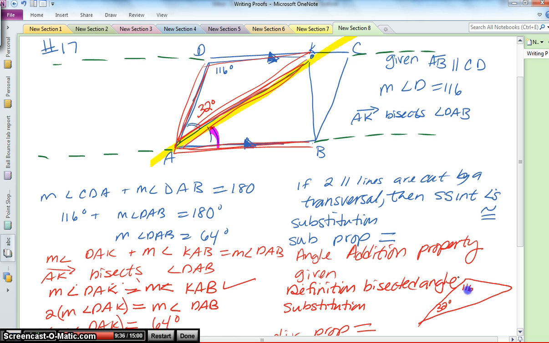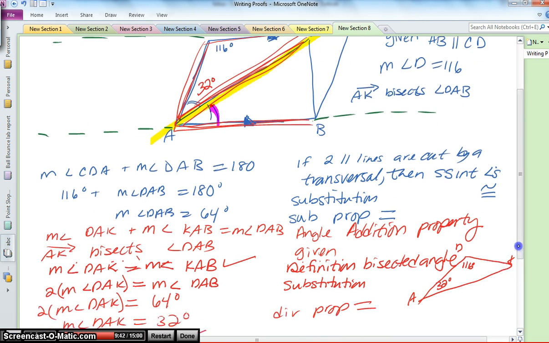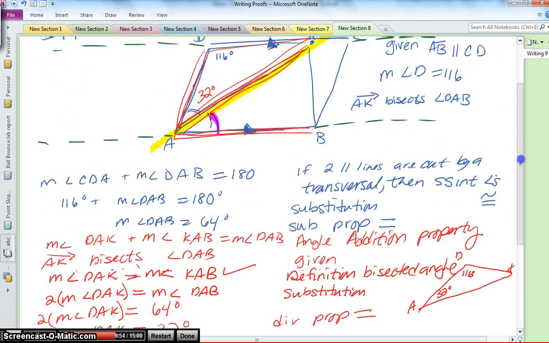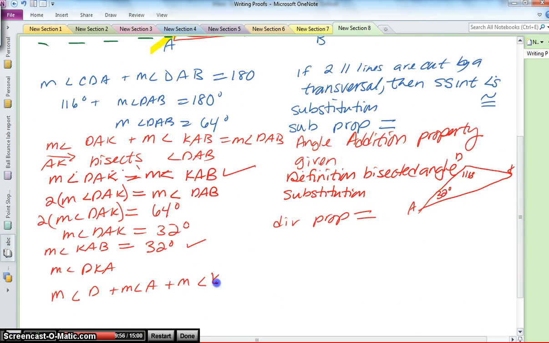We've got a 116. So the measure of angle D plus the measure of angle A plus the measure of angle K equals what? Those are the 3 angles in this triangle.